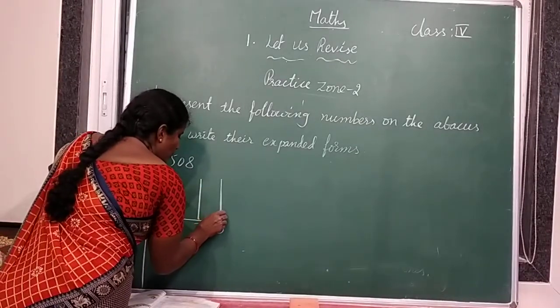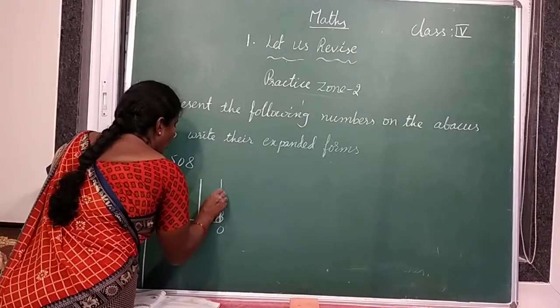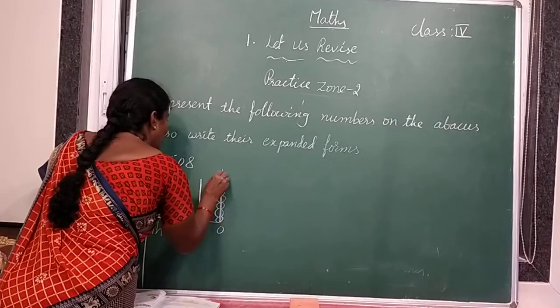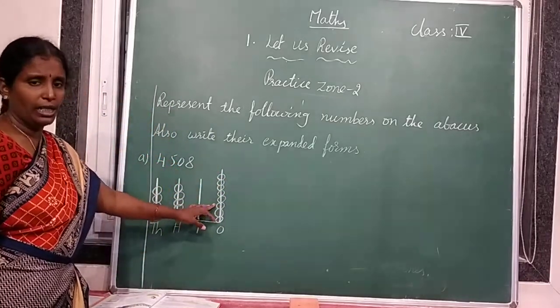So how many beads should we draw? 8. 1, 2, 3, 4, 5, 6, 7 and 8. So this is the representation on abacus.